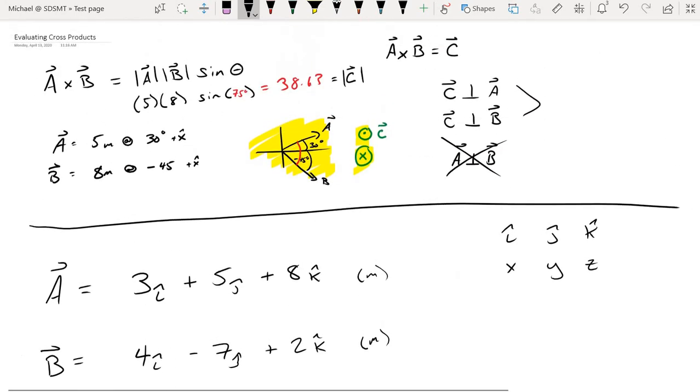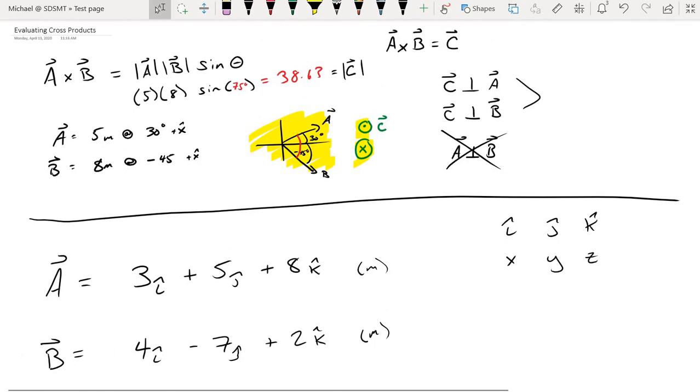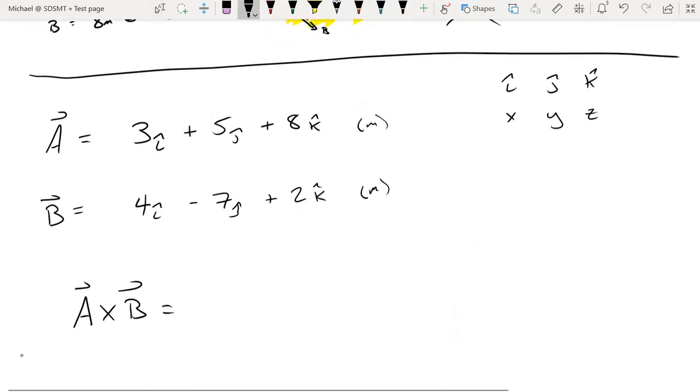And as we saw above, we can figure out the magnitude of this cross product by finding the magnitude of each vector respectively, and I have the necessary information to do that.